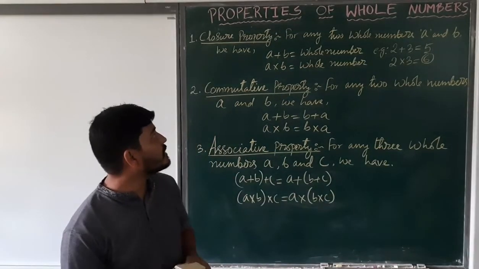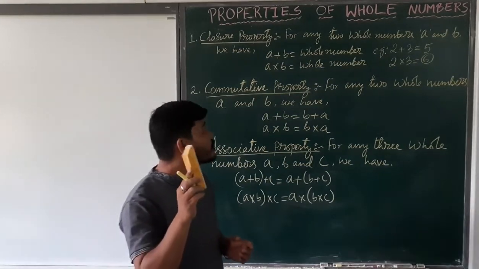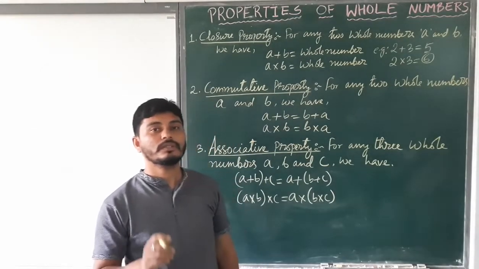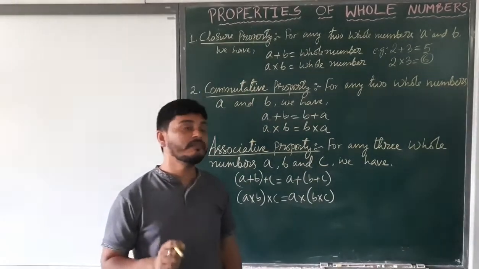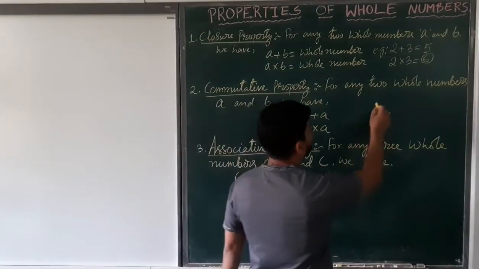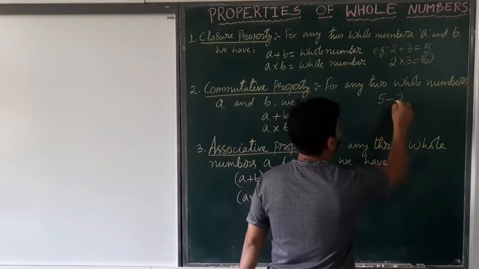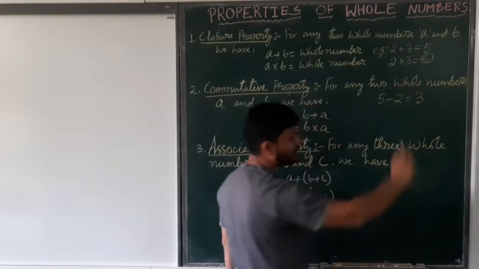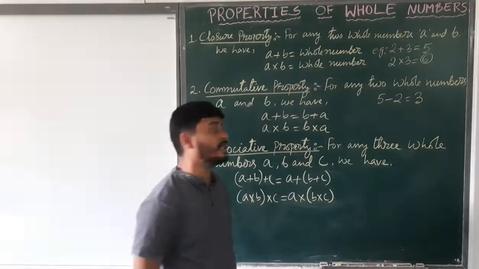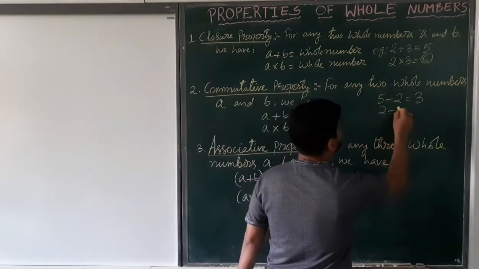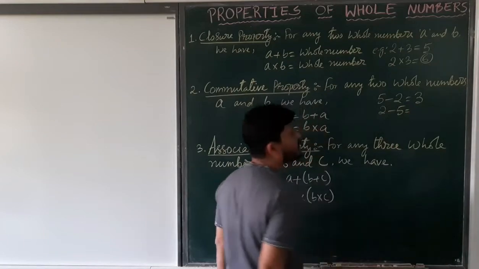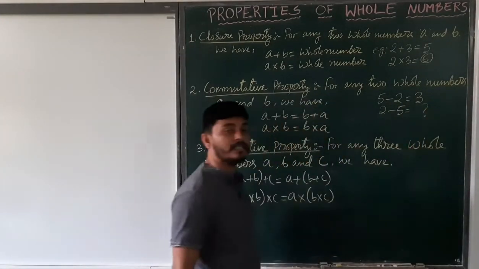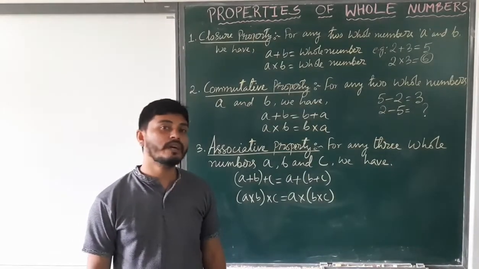Let me tell you here that the closure property does not hold for subtraction and division, because when we subtract 5 minus 2 we get 3. 5 is a whole number, 2 is a whole number, 3 is also a whole number. That's absolutely fine. But what if we subtract 2 minus 5? We did not learn yet how to subtract 2 minus 5.